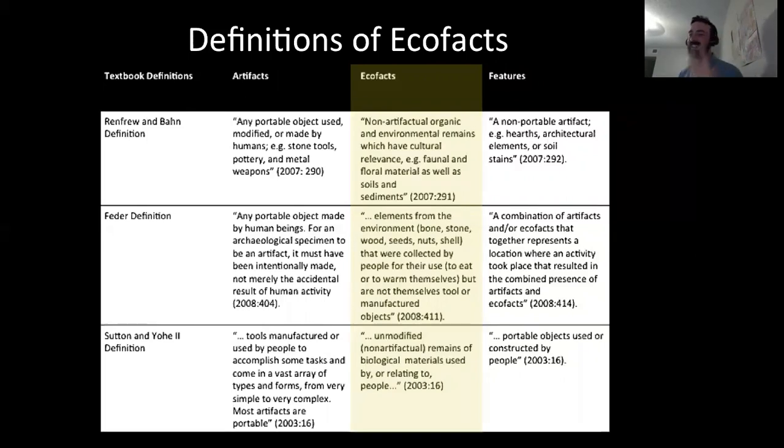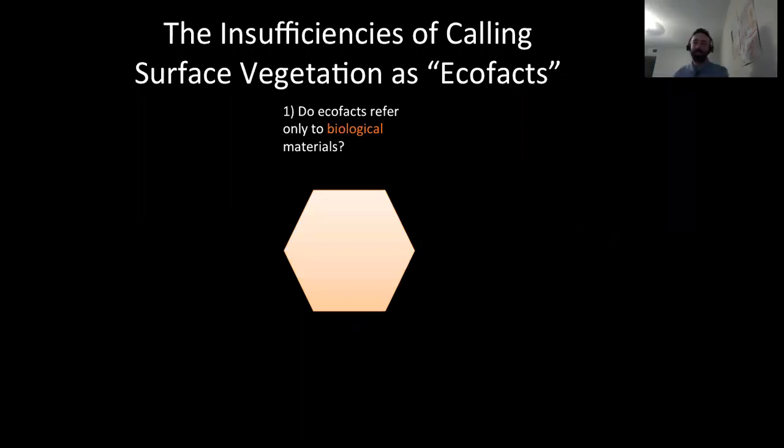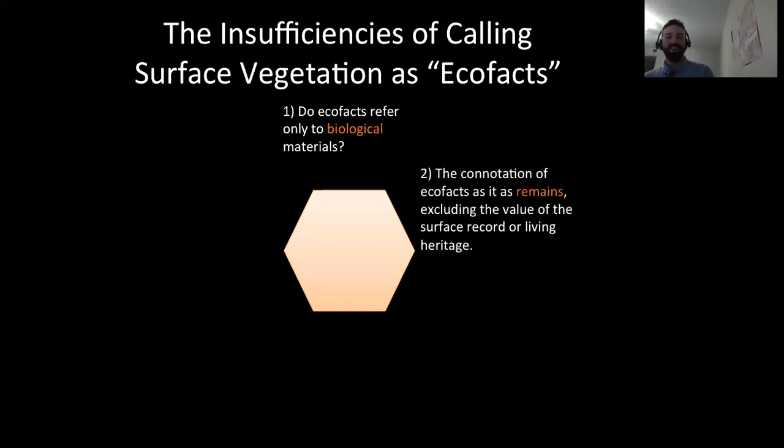This elastic and variably defined concept has a couple of issues. There's disagreement on whether, when we say ecofact, we're referring only to biological materials. It also has particular problems because it has this connotation as pertaining to remains, meaning it excludes the value of the surface record or even living heritage.